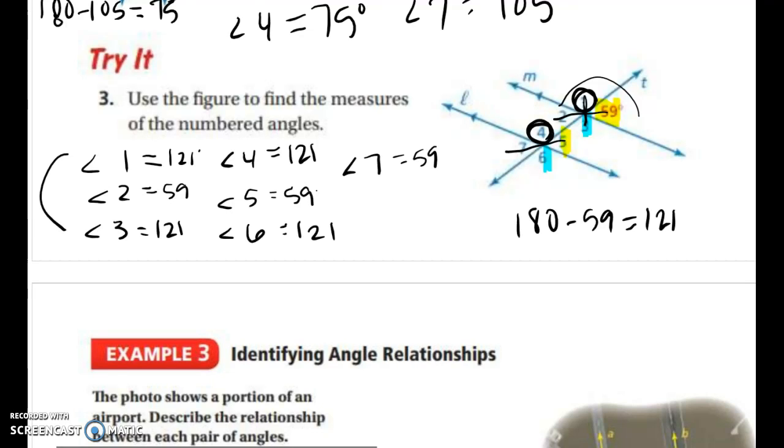So that's also 121. Angle 4 is corresponding with angle 1, so those are also 121. Number 5 corresponds with our given angle, which is 59 degrees. 6 corresponds with 3, so it's 121 degrees. And 7 corresponds with angle 2, or is also a vertical angle from 5, therefore it is 59 degrees.